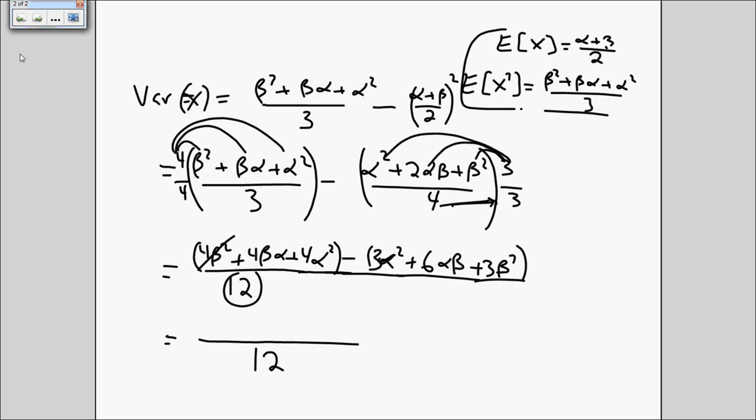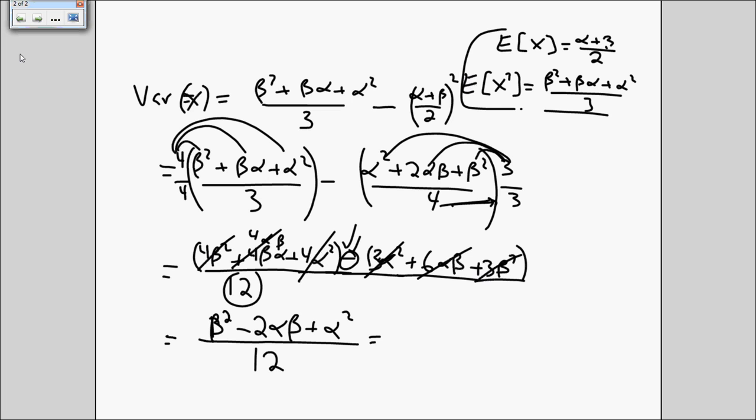You have 4 beta squareds, and you are taking away 3 beta squareds. That leaves 1 beta squared. You remember, beta alpha is the same as alpha beta. You have positive 4 alpha beta, and you are taking away 6 alpha beta. 4 minus 6 is negative 2 alpha beta. You have 4 alpha squareds, and you are taking away 3 of them. You have 1 left.